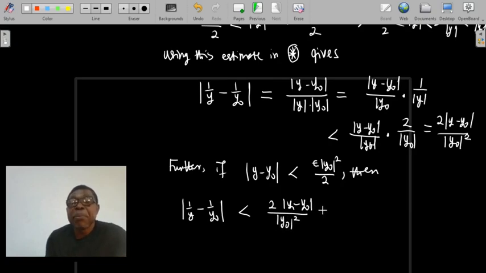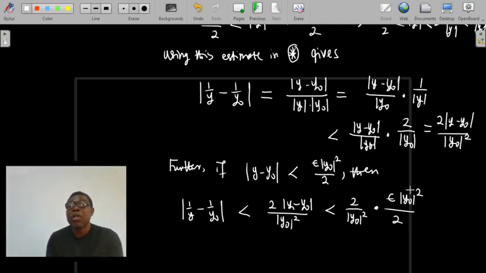And this is now less than 2 over absolute value of y naught all squared, then times epsilon absolute value of y naught all squared all over 2. This is coming from this control on y minus y naught. And you observe that, of course, these 2 will cancel these 2, and this y naught squared will cancel this absolute value of y naught squared. So we have, therefore, that absolute value of 1 over y minus 1 over y naught is less than epsilon.